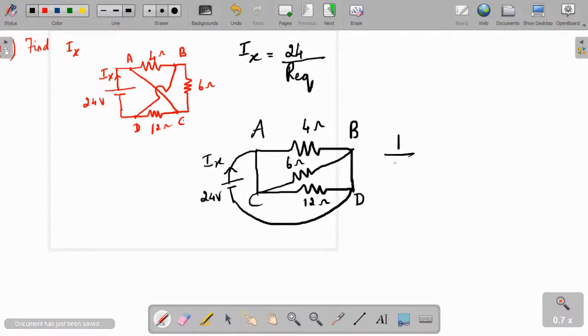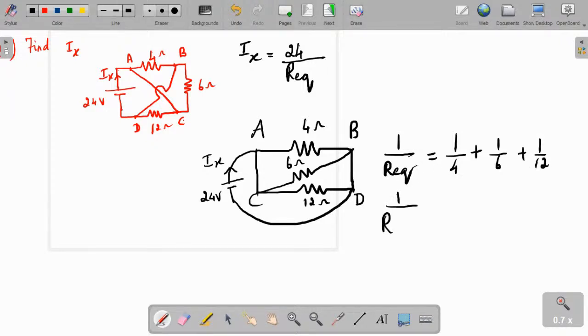Right, so what is the equivalent resistance? R equivalent is equal to 1 by 4 plus 1 by 6 plus 1 by 12. Taking LCM, which will be 12, 1 by R equivalent becomes 3 plus 2 plus 1, which is 6 by 12, so you'll get 1 by 2.